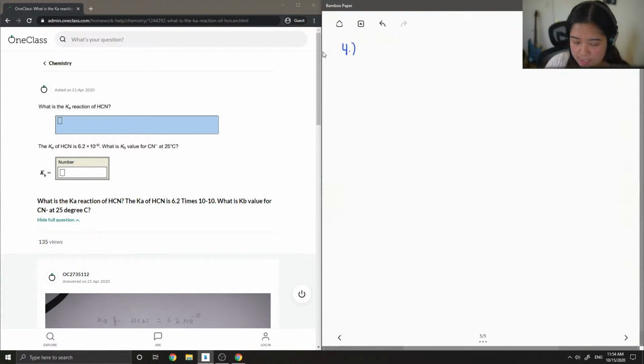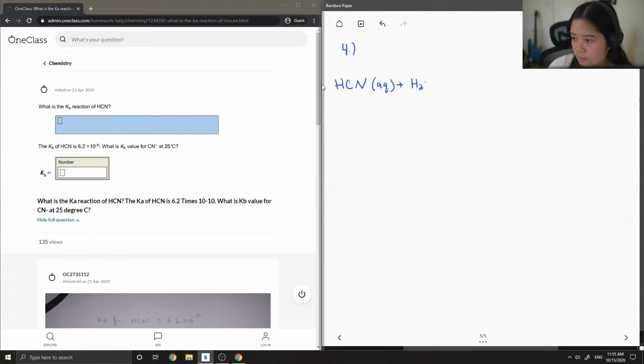First I'm going to write the dissociation of HCN in water. And then the reaction looks like this.